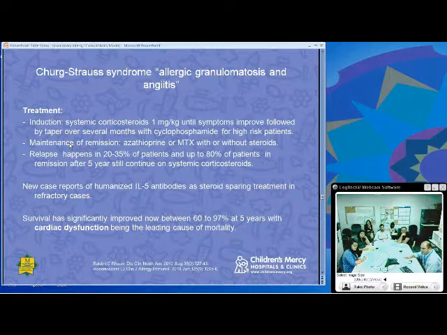The main complication of Churg-Strauss is cardiac dysfunction, and this is the leading cause of mortality in patients. So patients that already have some degree of cardiac involvement are really going to require cyclophosphamide at the beginning because you need to try to control that.